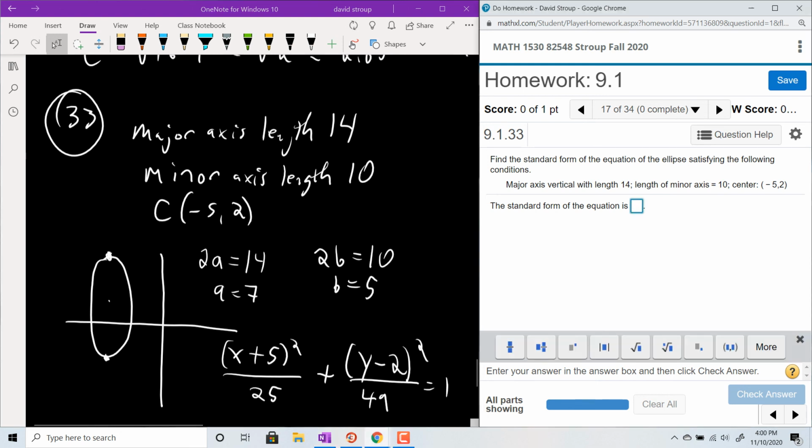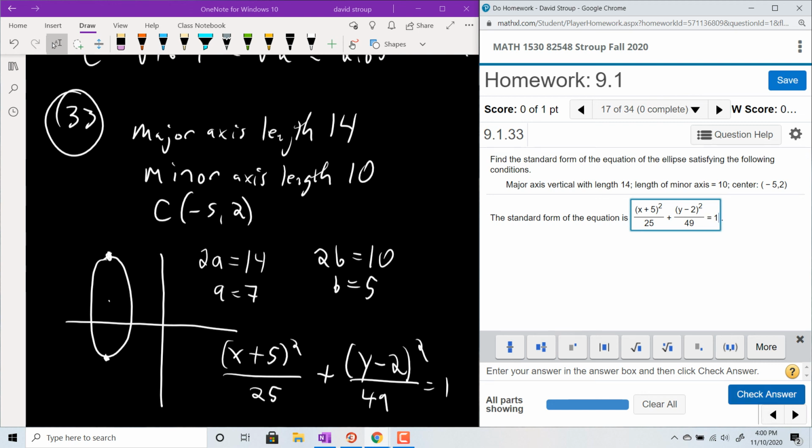Typing this in is going to be a pain as well. So x plus 5 squared all over 25 plus another fraction, y minus 2 squared all over 49 equals 1.